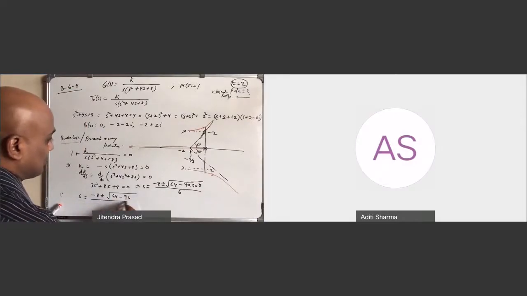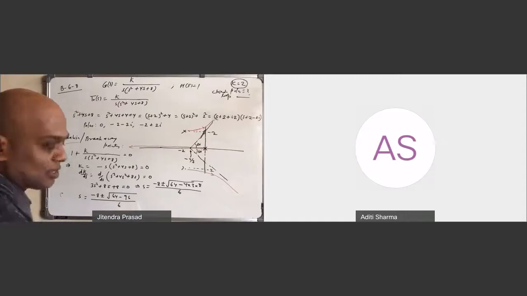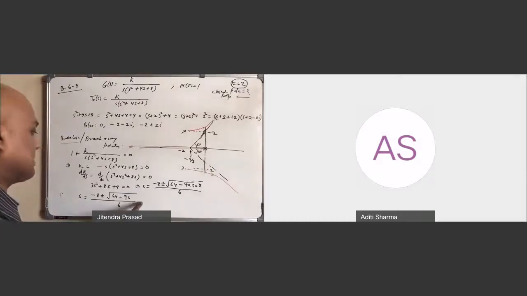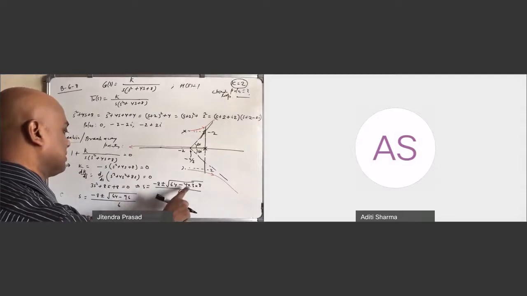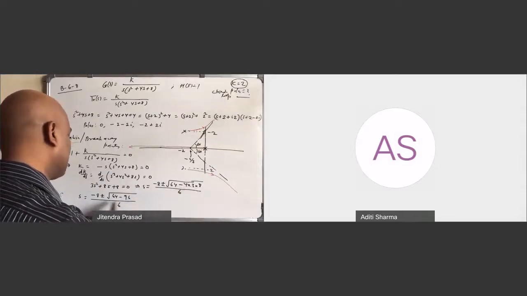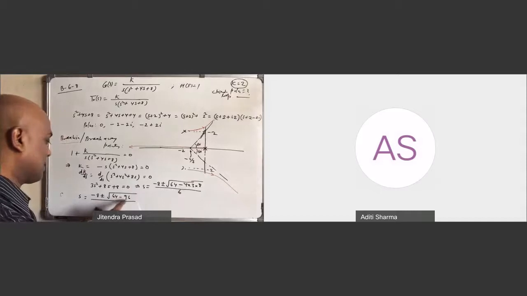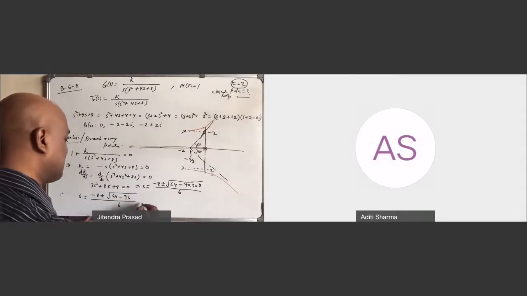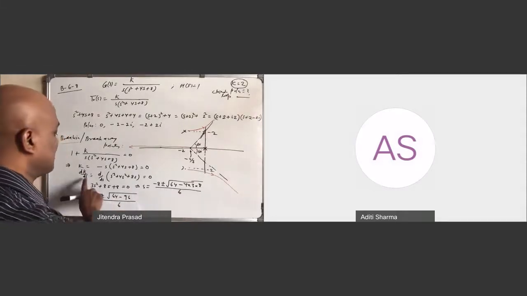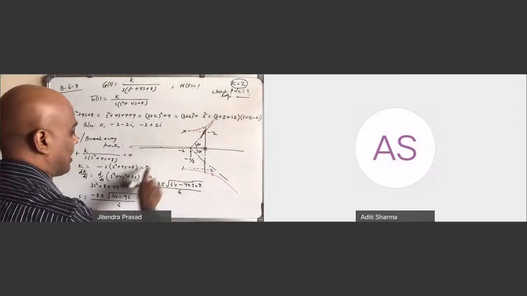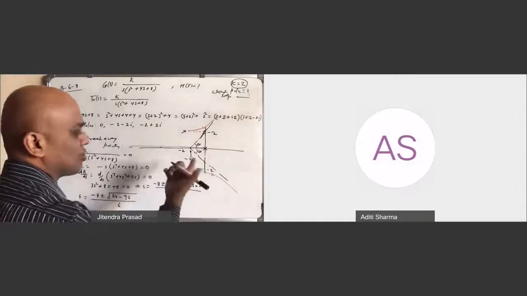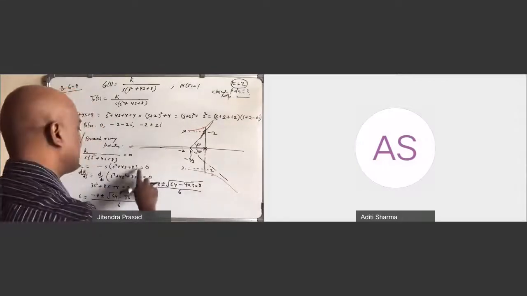So what we get is not a real number. Yeah, so you can see we are getting an imaginary number. So this is a minus number, and hence this imaginary number means that breakaway points are not possible.